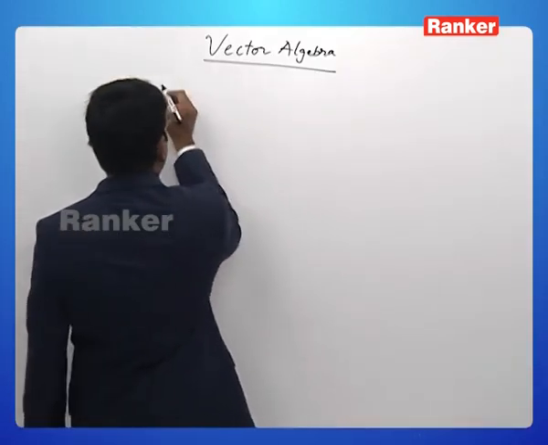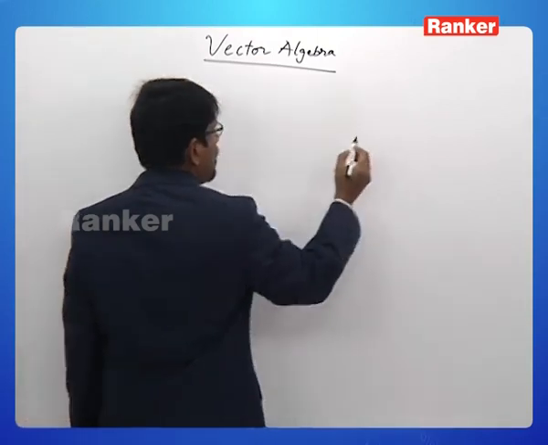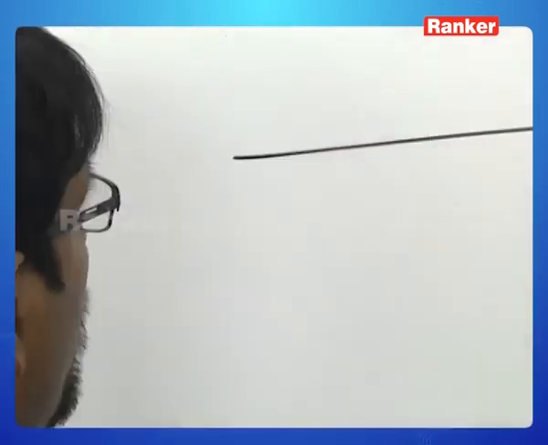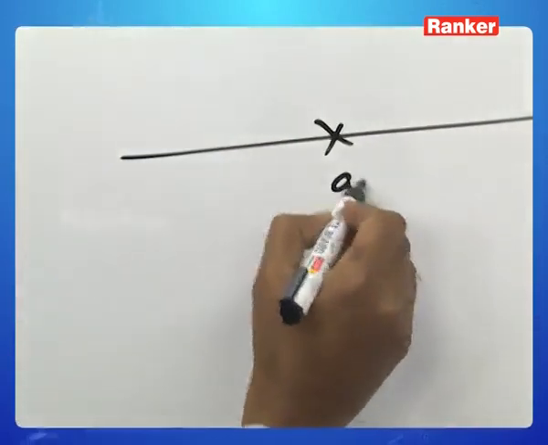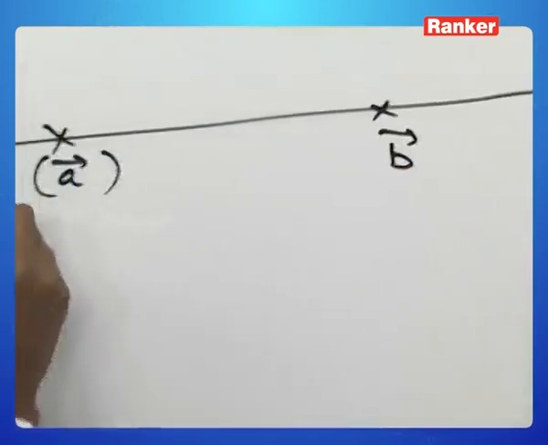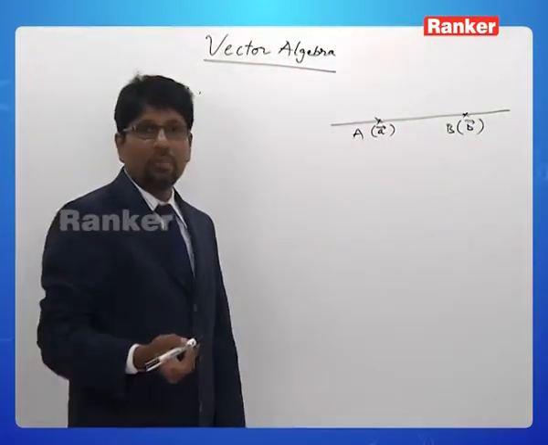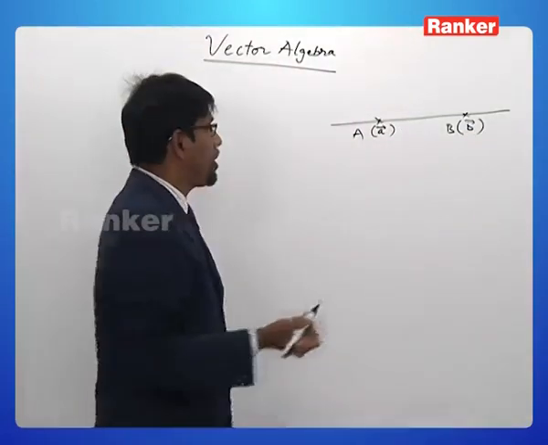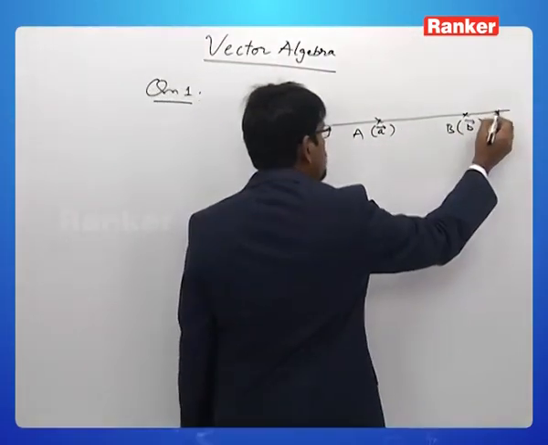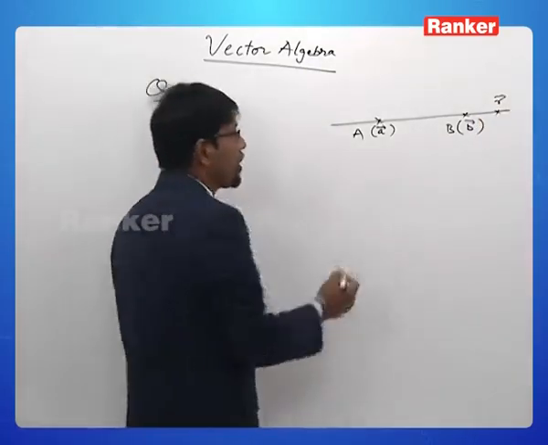Now, if A bar and B bar are position vectors of 2 points on a line, and R bar is a position vector of any point on the line, what can you say?